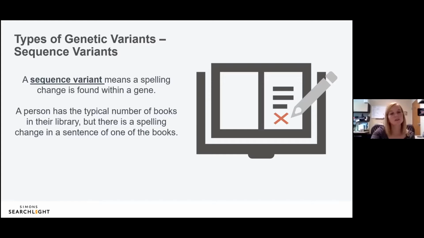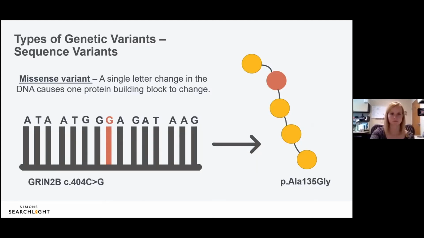There's a couple different types of these sequence level variants that we can see. The first type that I'll talk about today is one that we call a missense variant. This is when there's a single letter change in the DNA that changes one amino acid.